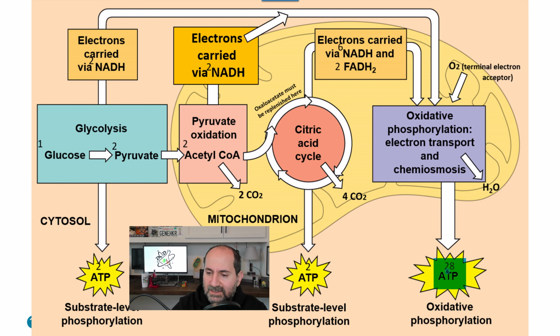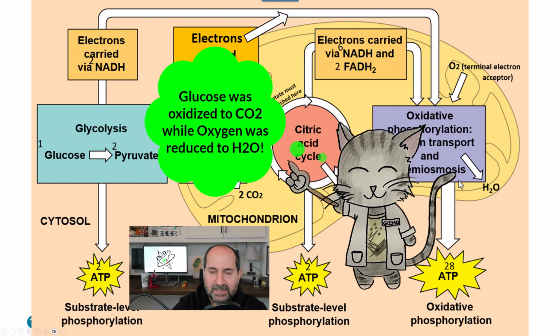Do you recall 28 ATP are formed via oxidative phosphorylation this time? And do you recall at this point, oxygen is your terminal electron acceptor? Oxygen picks up electrons to become reduced to water. Throughout this process, glucose was oxidized to CO2 while oxygen was reduced to water. And that is your big overview of cellular respiration.